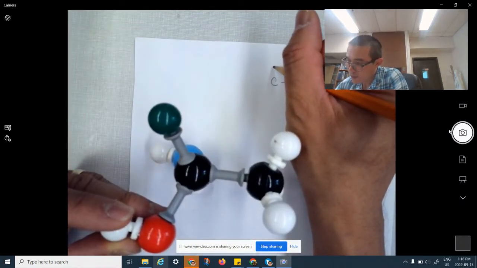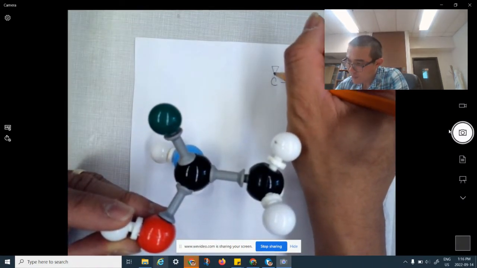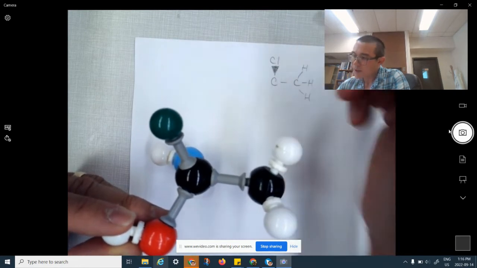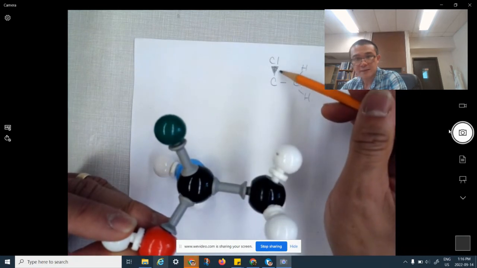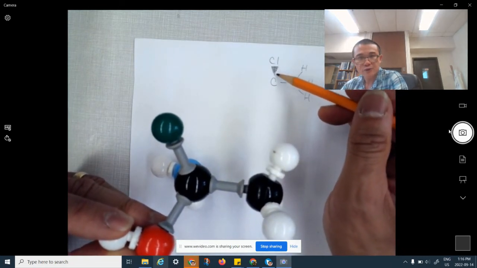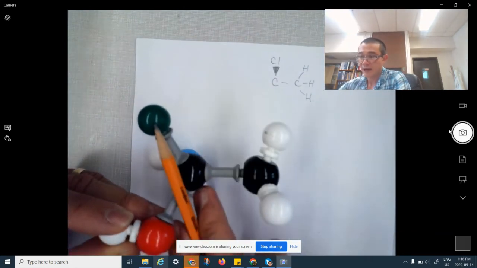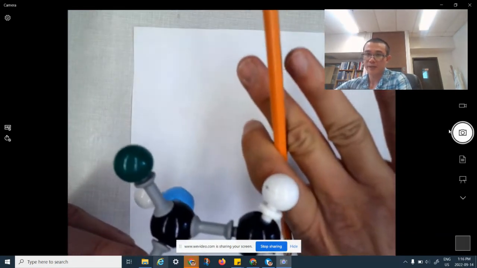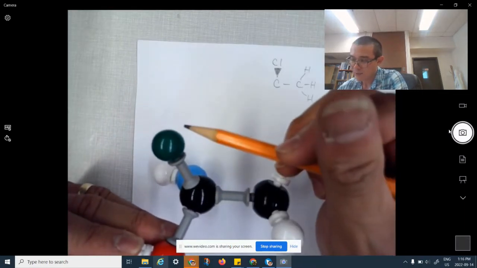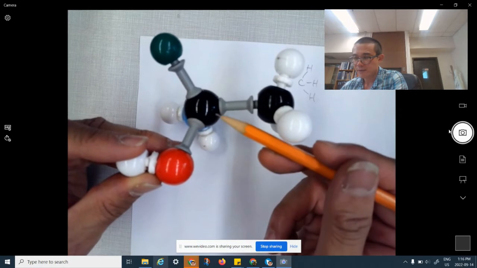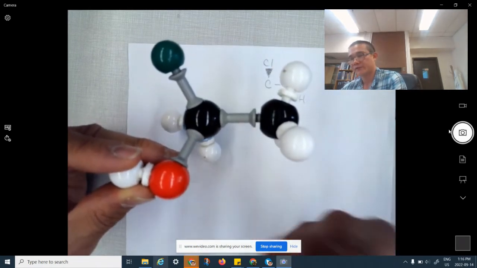So in this case, I'll draw something like this and I'll shade it. When you see a solid triangle, it means it's sticking out of the page toward us. So that's chlorine going up. You also have an OH going down but sticking out of the page.